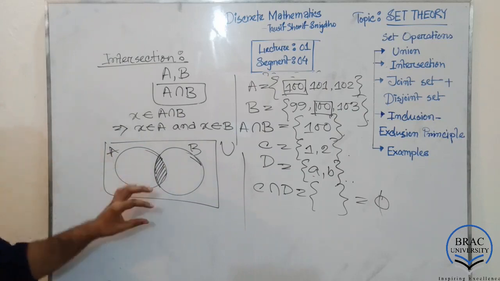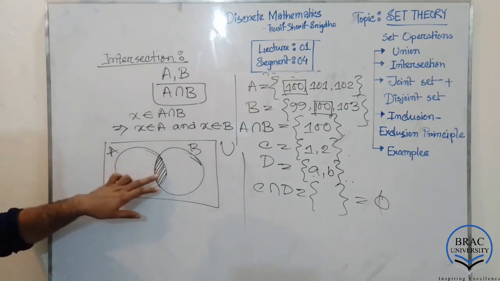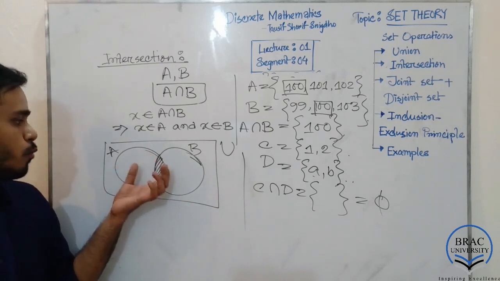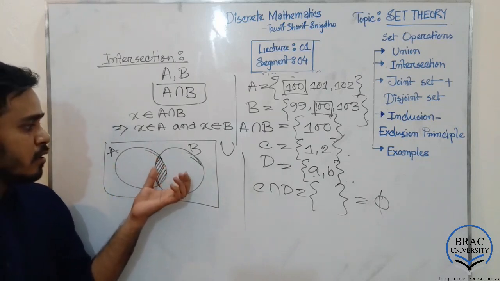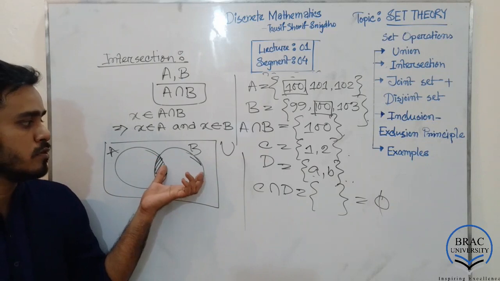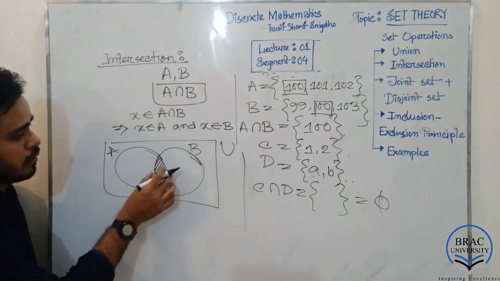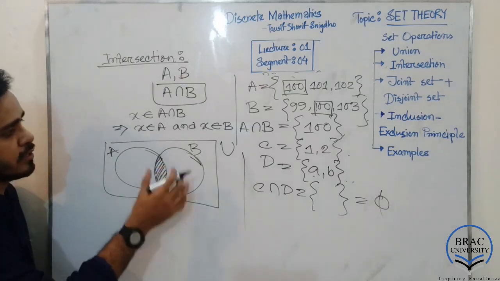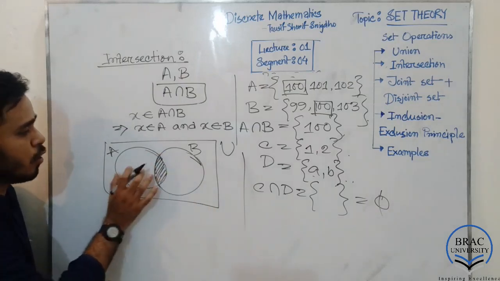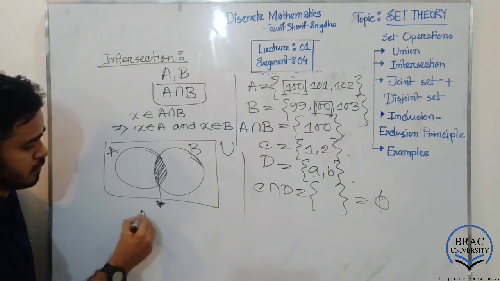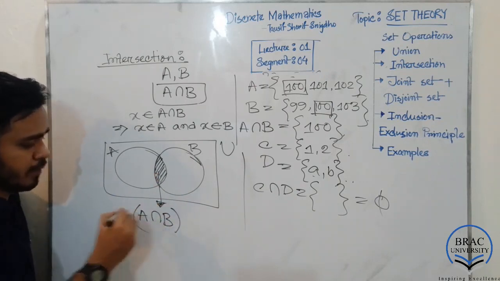That means the elements which belong to this shaded region will belong to set A, and also to set B. So this region contains all of the elements that are common to both A and B. So this shaded region refers to set A intersection B.